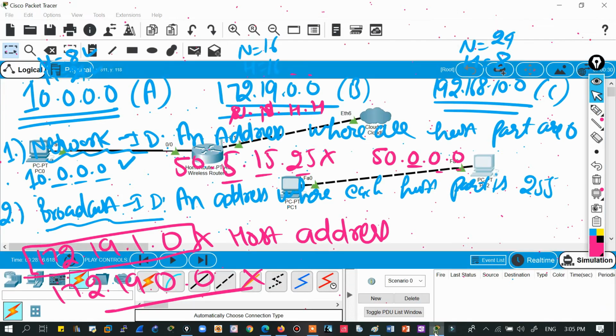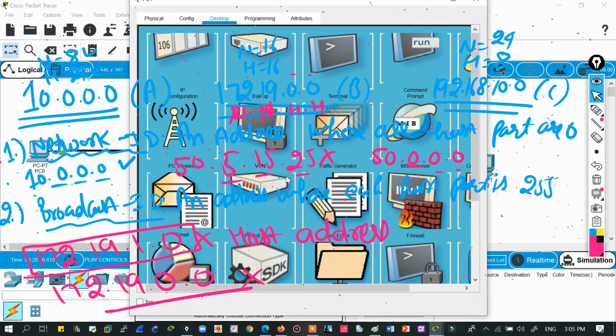Once again, if there are some PCs or devices connected on a switch, the first ID of that particular network, which is the network ID, can never be assigned to these devices.